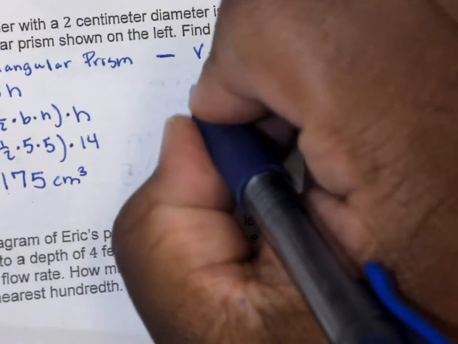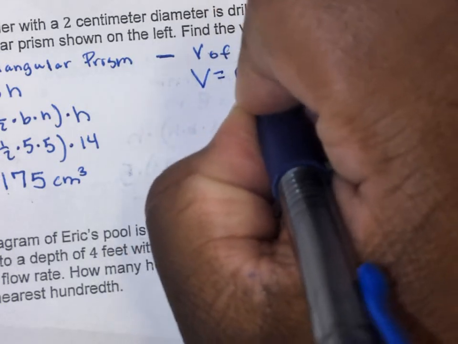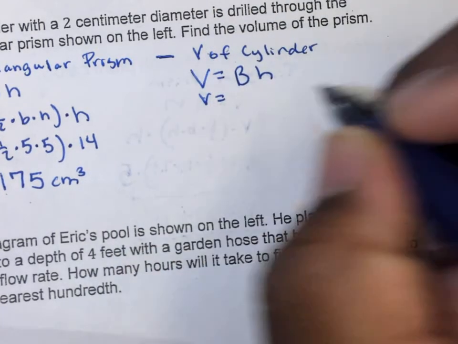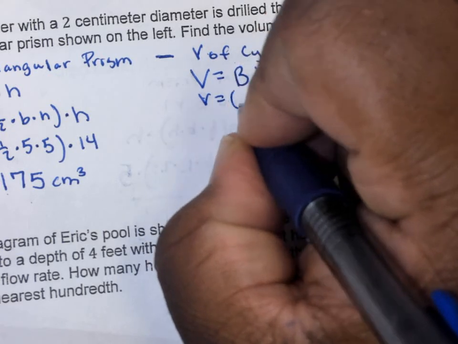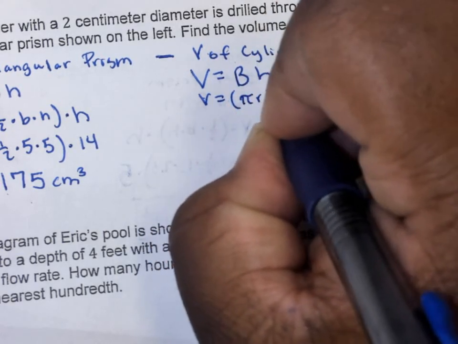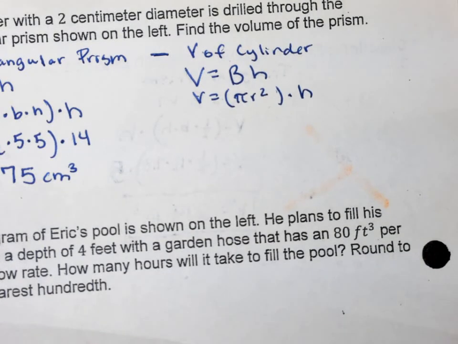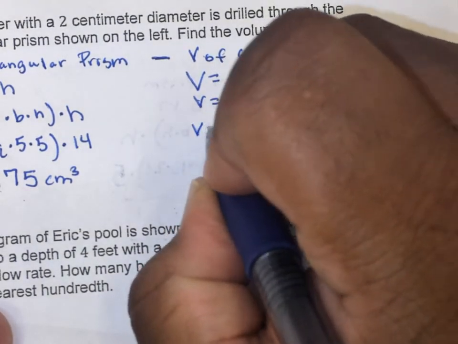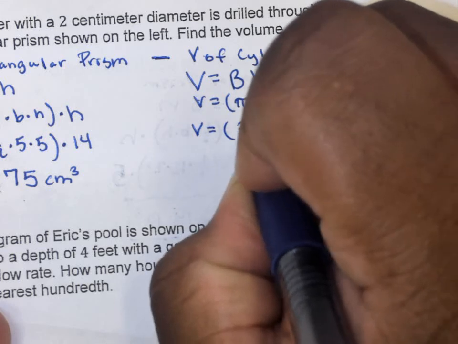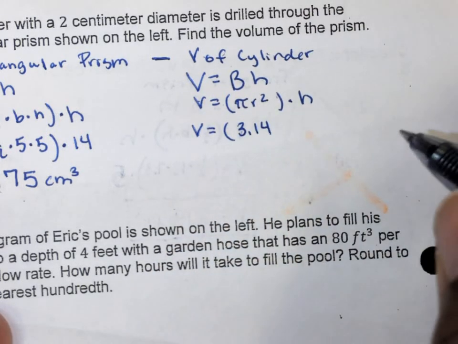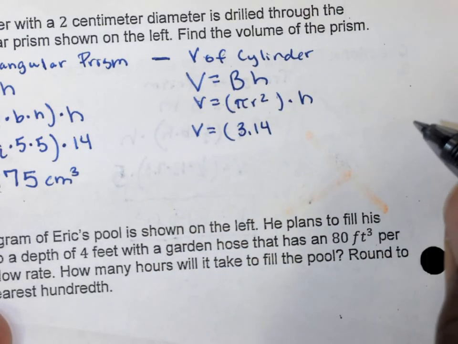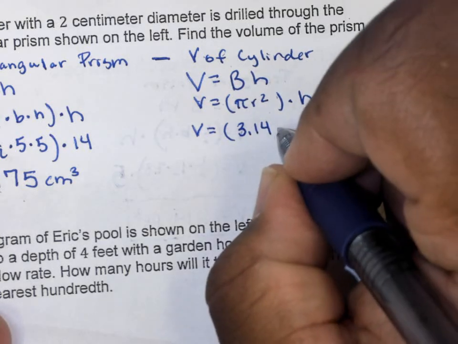For the cylinder, volume equals capital B times H. Capital B changes to what again? Pi r squared, times the height. So on this one, volume equals parentheses 3.14. They said the cylinder had a 2 centimeter diameter. What's my radius?